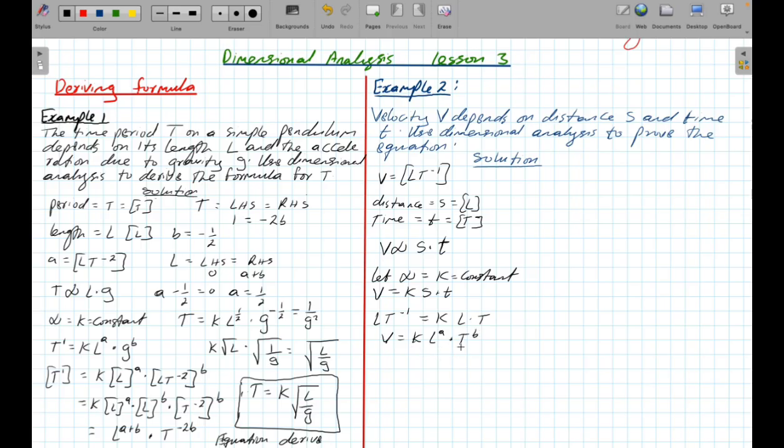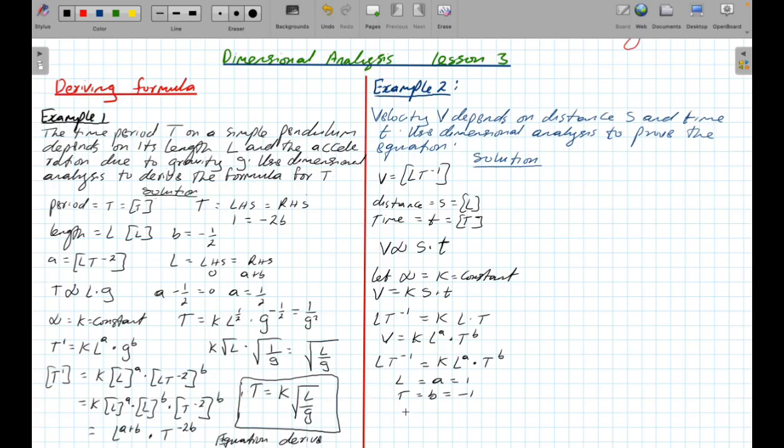By equating the powers, L t raised to the power of minus 1 equals k L raised to the power of a multiplied by t raised to the power of b. So by comparing the powers on both sides, the power of L, which is a, will be equal to 1, and the power of t, which is b, will be equal to minus 1.